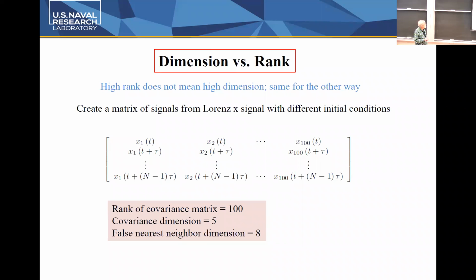So these are just a series in time of the Lorenz X signal with a different initial condition. I can then take the covariance of this matrix, and the rank of that covariance is 100. So if I wanted to use a basis, it's 100 with a rank of 100. If I measure the covariance dimension or the false nearest neighbor dimension, those are much different. The covariance dimension is 5, and the false nearest neighbor dimension is 8.